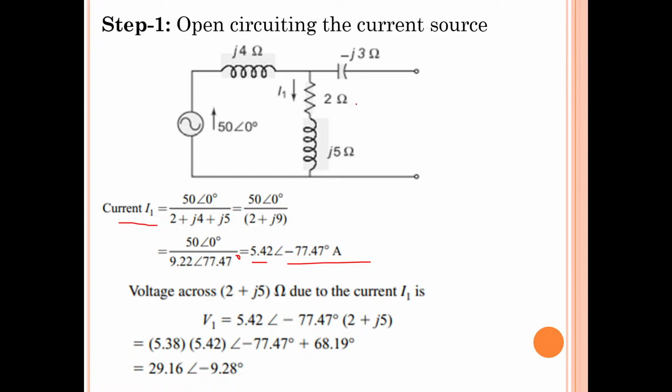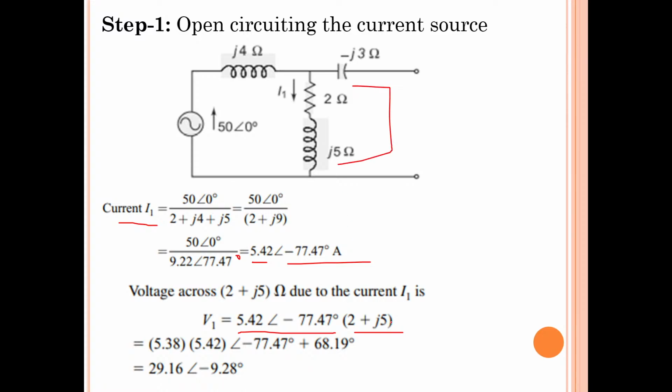Now what is the voltage across this impedance? It is I into Z. What is the I value that you have got? 5.42 at an angle of minus 77.47. And Z is 2 plus j5.